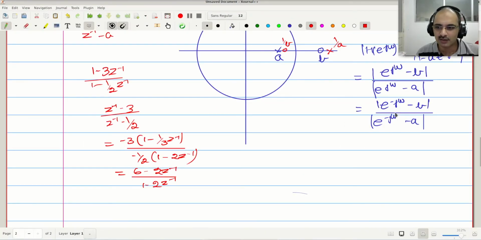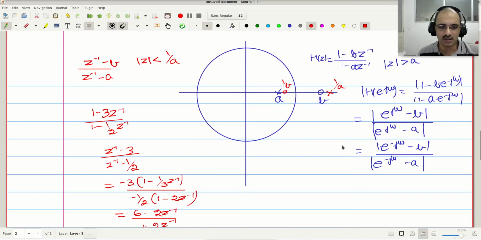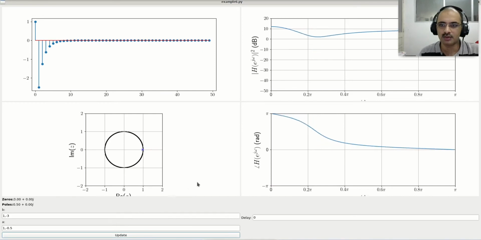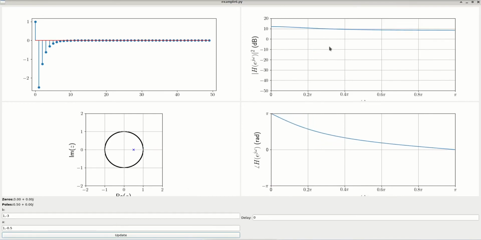And then if we compare it with the original system, which was 1 minus 3z inverse and 1 minus half, so 1 is 3 and 0.5. Notice that the magnitude response doesn't change. The magnitude response remains the same. Except that the system changes, the magnitude response doesn't change. That is key to what this is.